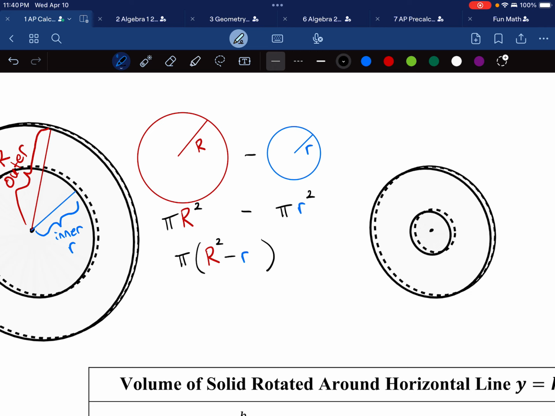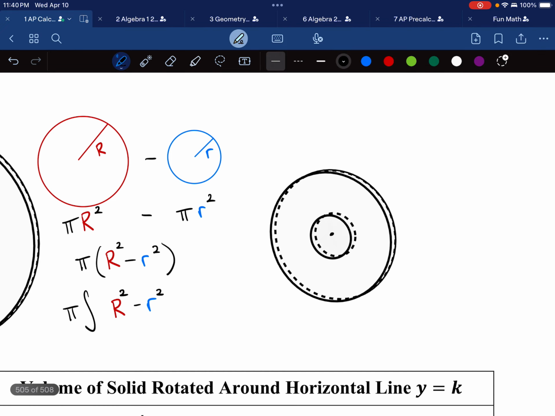So there's a minus here with these two things being squared, and eventually you slap on an integral symbol, and then it becomes the integral of, usually I put the pi on the outside. It can be on the inside or the outside, doesn't really matter. And this is going to be capital R and lowercase r, both squared with a minus sign. That's generally the formula. Over here, it's going to be a little bit different now.